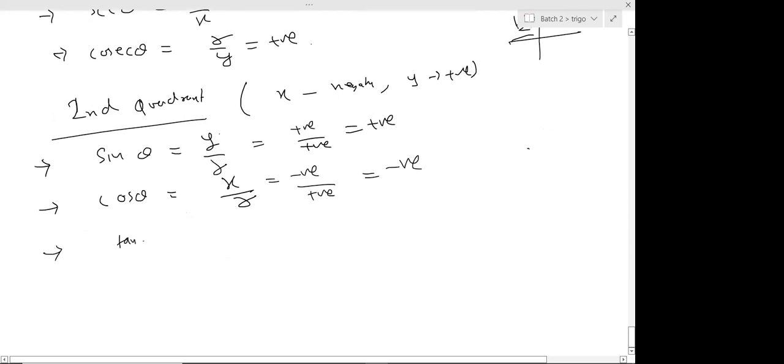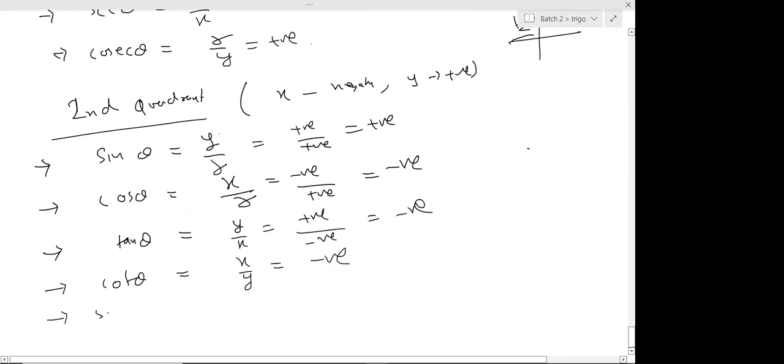For tan theta is y upon x. Y is positive, yet x is negative. So the value will be negative. Same for cot theta. This is inverse of tan theta. So negative. Sec theta is 1 upon cos, that is r upon x.